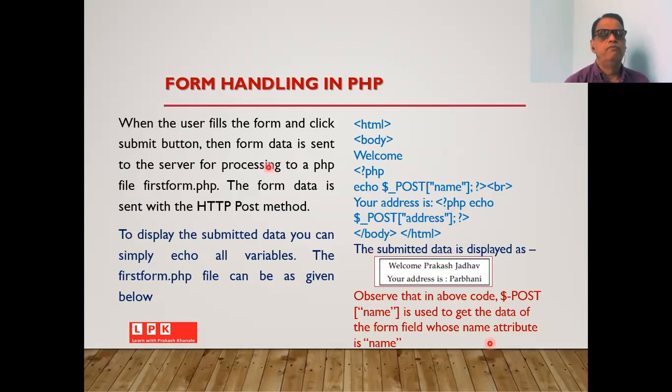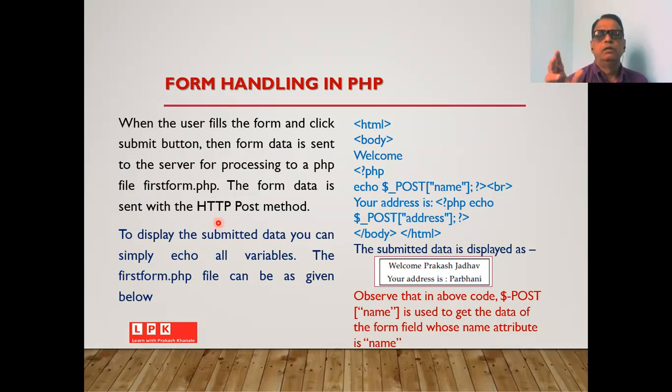So when the user fills the form and clicks on the submit button, the form data is sent to the server for further processing. And this processing is achieved by using the file first form.php. So the form data is sent via the HTTP post method.